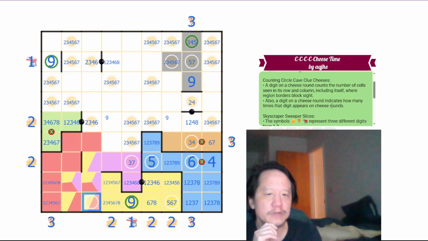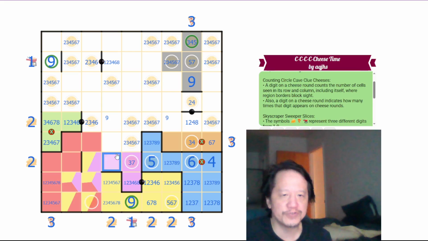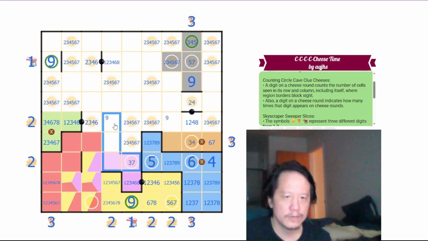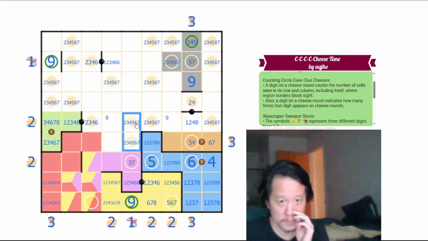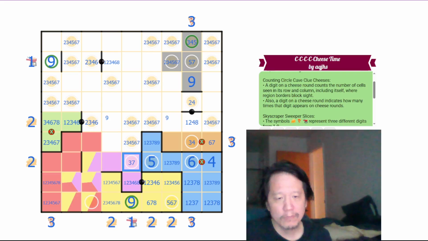What else do we have? So if this sees 3, that means it would have to go 1, 2, 3, 4, 5. This would be part of a different region. So it's C3.